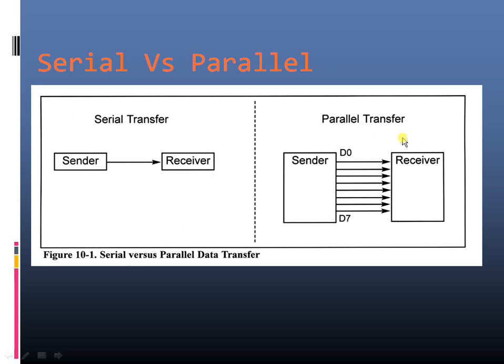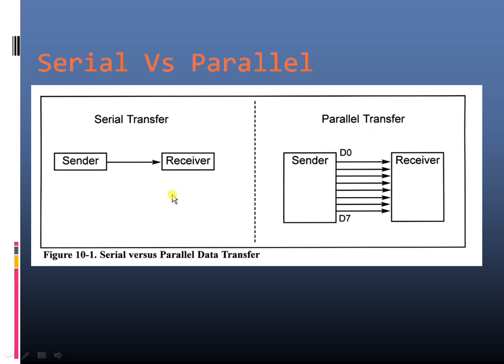But in parallel communication, multiple channels are present, and each channel is capable of carrying one bit. In this example, there are 8 data lines, so it can carry up to 8 bits at any time. That is why it is called parallel communication. Multiple bits are transferred at the same time here, whereas in serial a single bit is transferred.